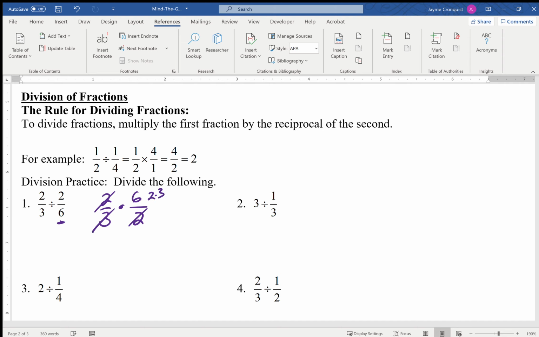Then 3 over 7 times 9 over 21. Well, 21 is 7 times 3, so I can get rid of the 3. I'm left with a 9 and 7 times 7, which is 49. Okay, not too bad.